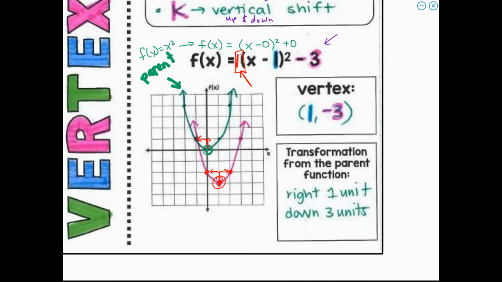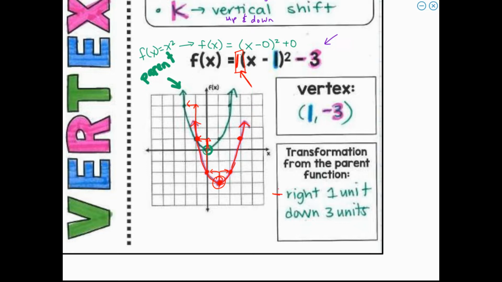And then from this point, it goes up 3 over 1. So I would do the same thing, up 3 over 1. So there would be my other coordinate. So that is how I got my new one, just by looking at my parent function and knowing that it wasn't going to change other than my vertex moving.